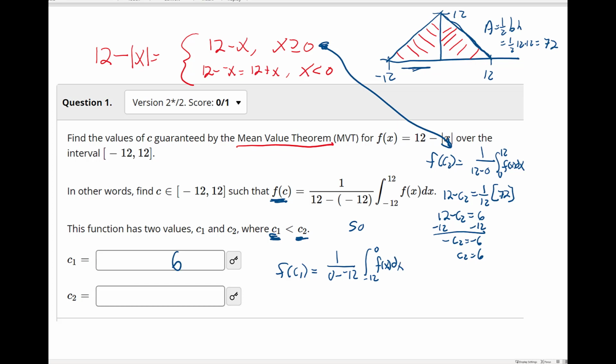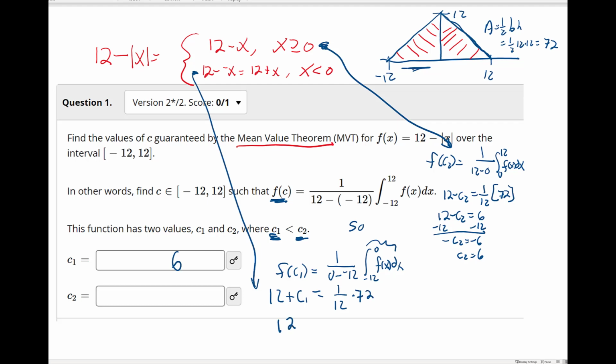And we found what this is going to be here. We found that to be 72. So we have, in this case, 12 plus c1, because we're using this other function here, equals 1 over 12 times, and that area was 72.